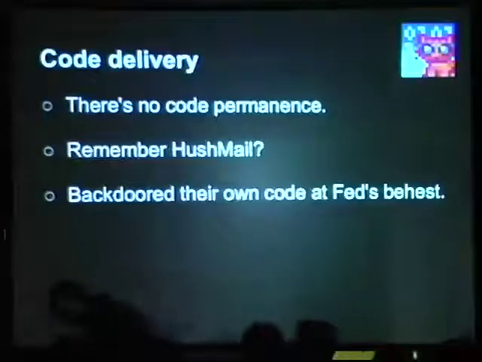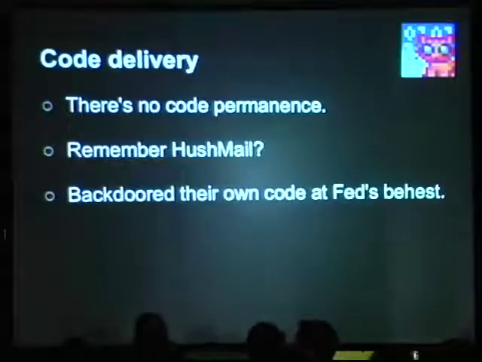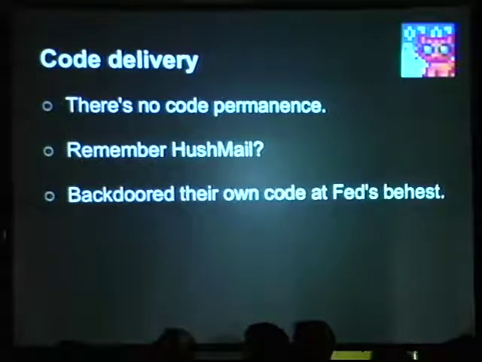So let's go into depth into these problems. Code delivery. Does anyone remember Hushmail? Yeah, so this is a great example actually, because Hushmail offered encrypted email, and it worked in the browser, and it was supposedly private, all encrypted as it's stored and also as it's sent to other Hushmail accounts. And what they did was an early form of client-side crypto that used a Java applet, which was really horrendous from an efficiency point of view.